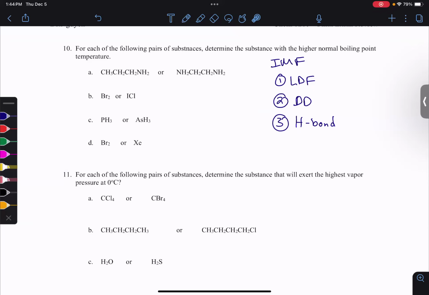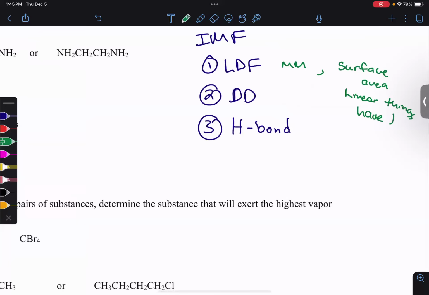Each of these three things trends differently. For LDF, it's molar mass and also surface area. I'll point out that linear, long skinny things have large surface area, therefore they have large London dispersion forces.